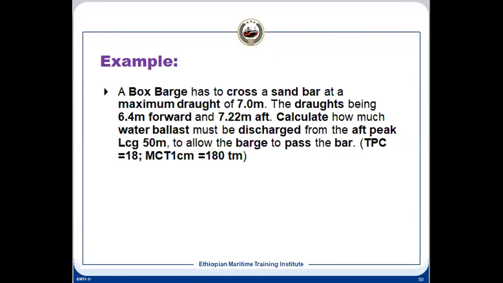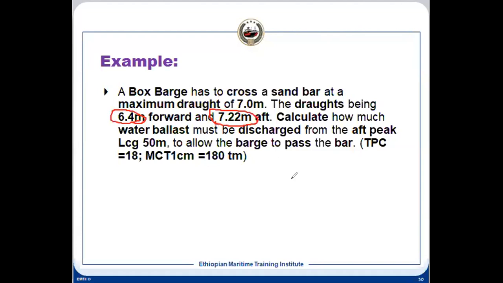The maximum draft is 7 meter, which means a ship can cross that bar with 7 meter draft. But the ship has a forward draft of 6.4 and an aft draft of 7. This is the draft we have for the ship. Now this draft is more than 7, so the ship cannot cross the sandbar.